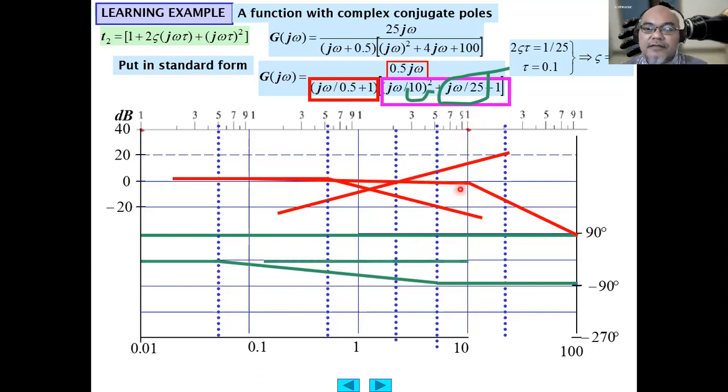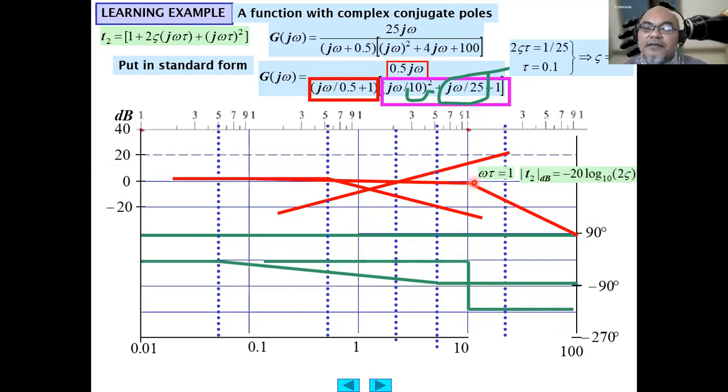Before that the phase angle is 0 degrees, after that it is negative 180 degrees. So this is omega tau equals 1.